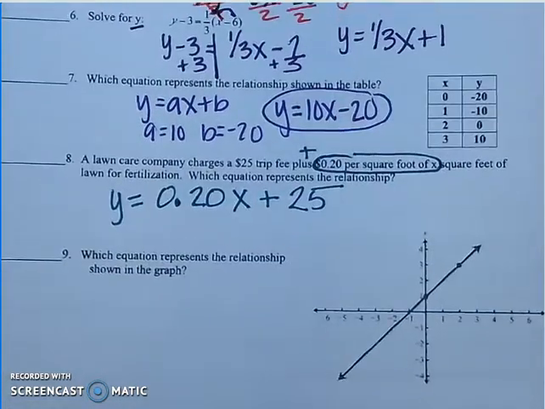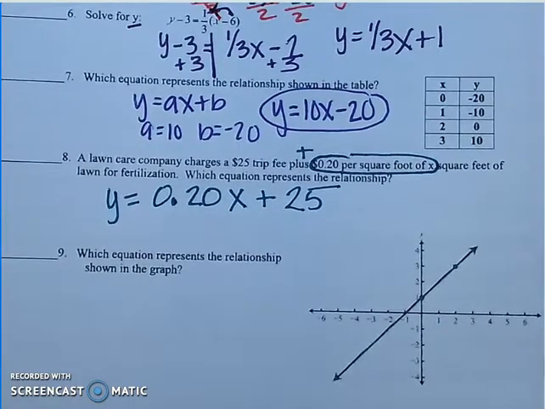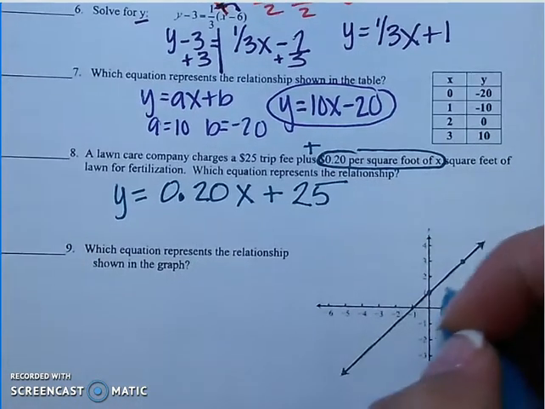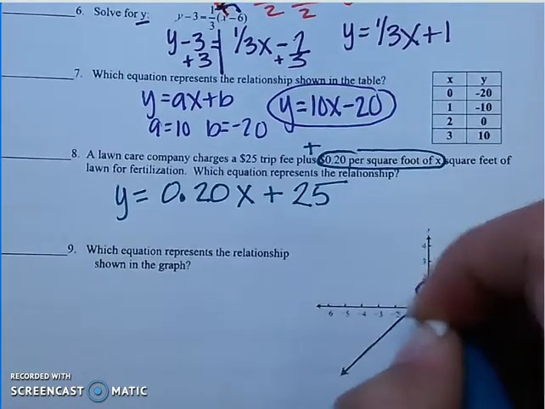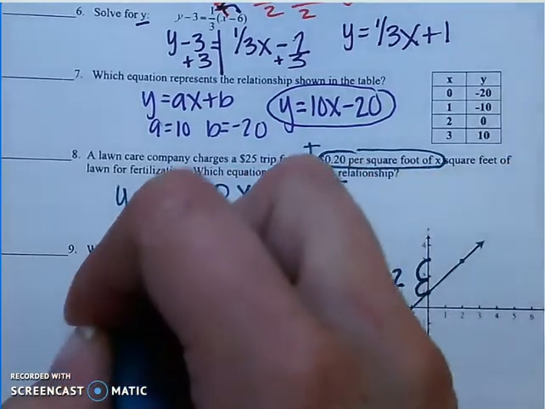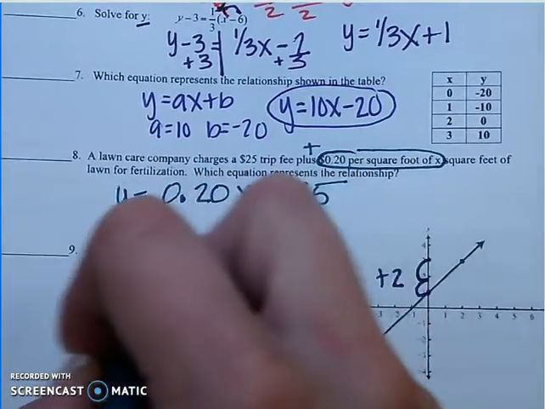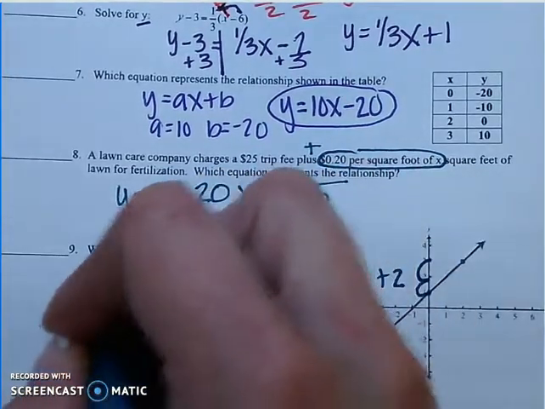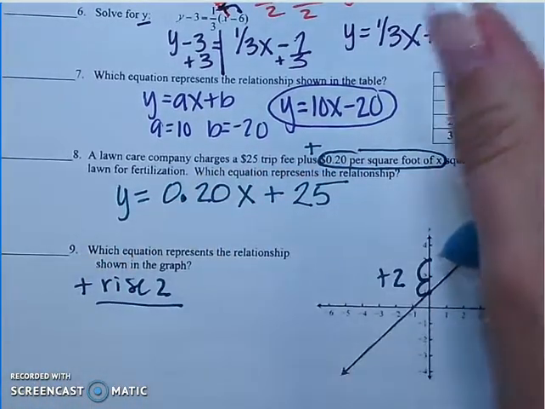And in 9, we're also going to determine the equation from a graph. If you'll remember, we're going to rise over run. I'm here at 1. I'm going up 1 and up 2. So rise 2. That's plus 2. And then I'm going to the right.